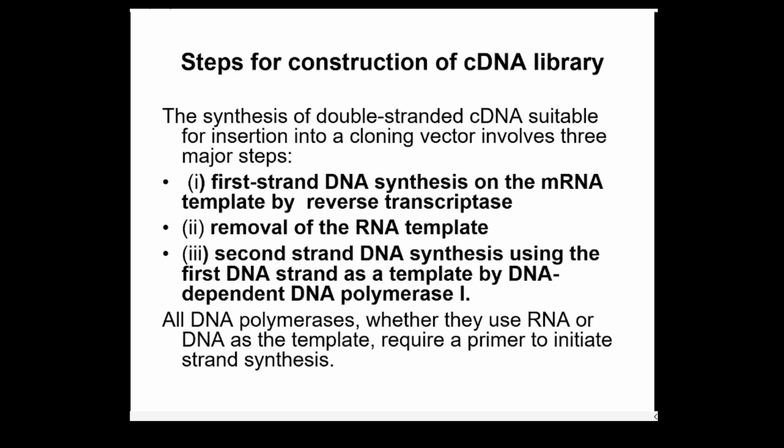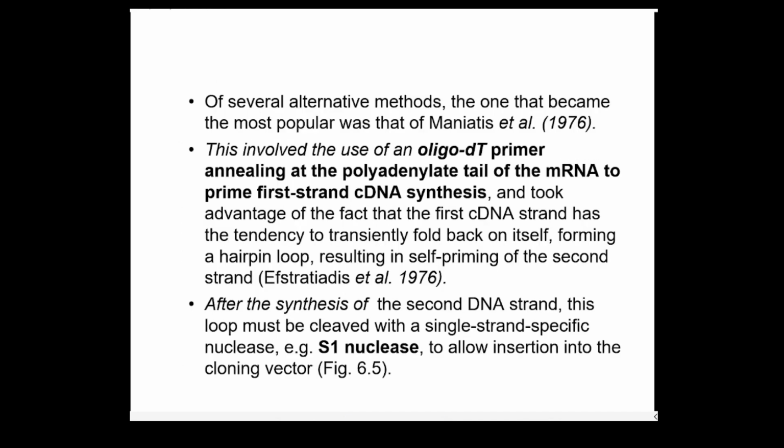All DNA polymerases, whether they use RNA or DNA as a template, require a primer to initiate strand synthesis. Of several alternative methods, the one that became the most popular was that of Maniatis in 1976.